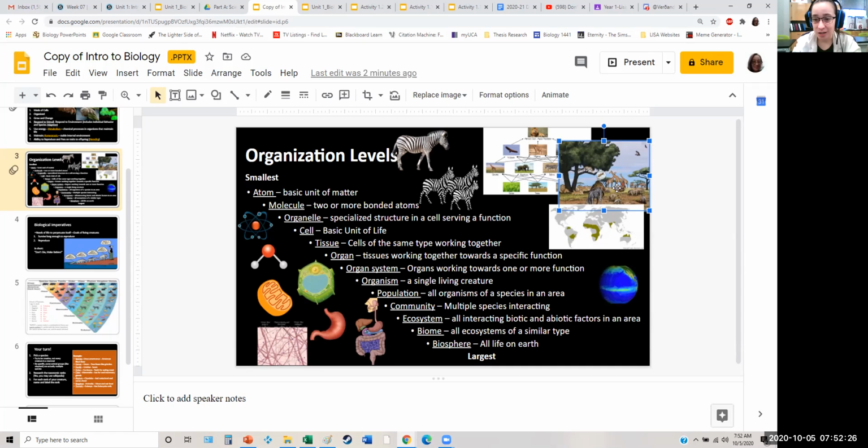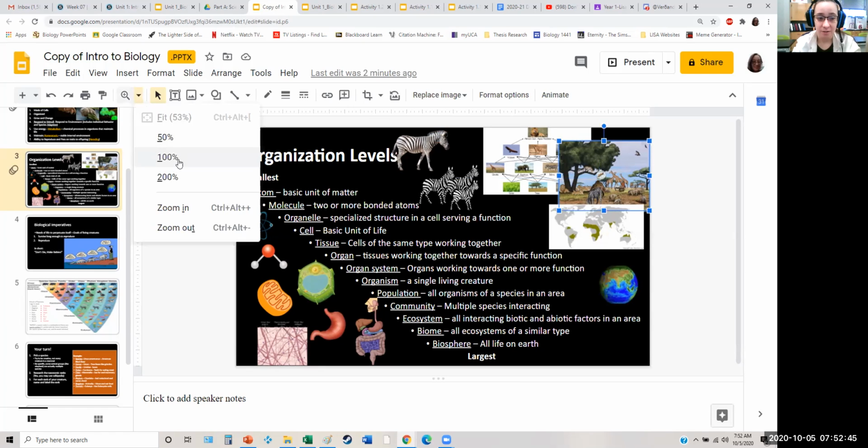So this is actually a savanna ecosystem, whereas the subplan that you looked at was actually a pond ecosystem. So there are different types of ecosystems, but a biome is where you have all ecosystems of a similar type. All right, so we're going to zoom in again.